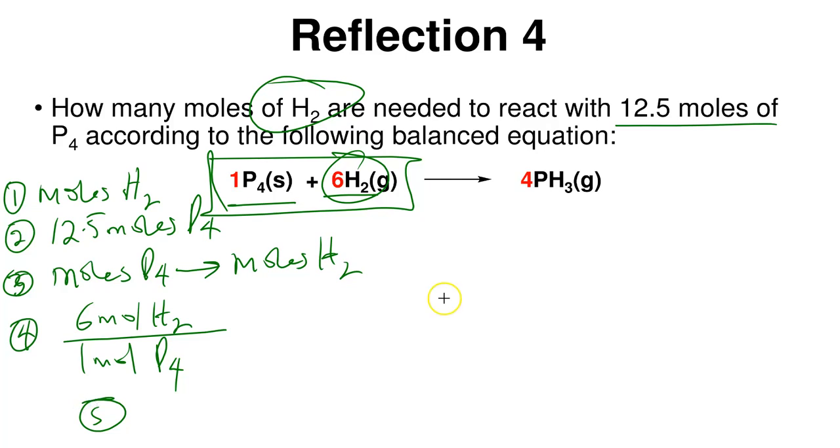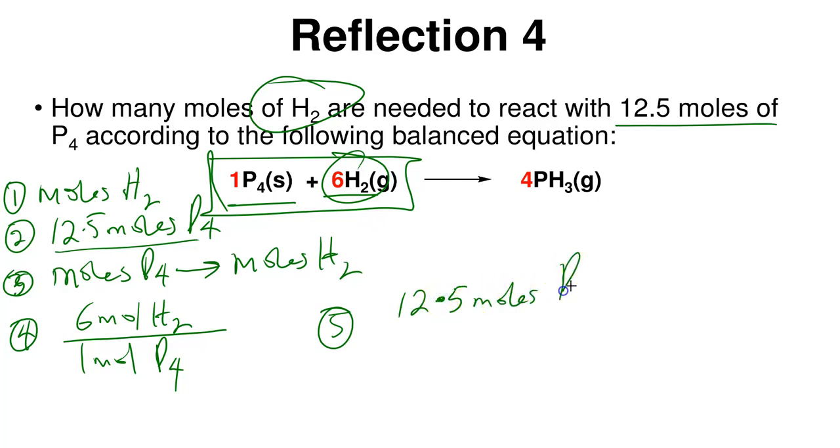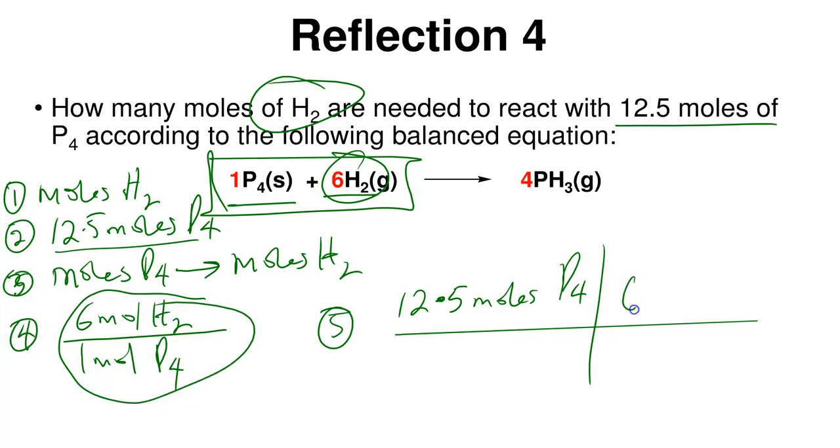So what do we do in the 5th step? Just plug it in. What we're given is 12.5 moles of P4. Then, using our conversion factor, 6 moles of hydrogen on top, and then 1 mole of P4.